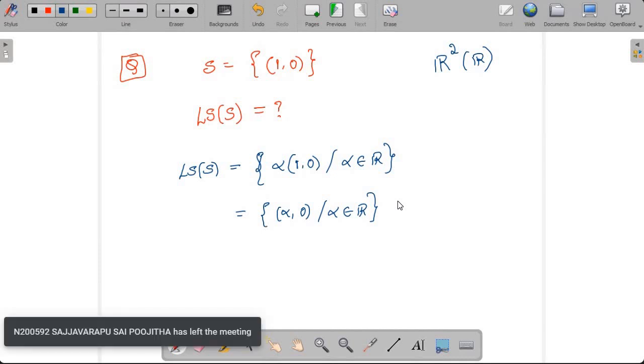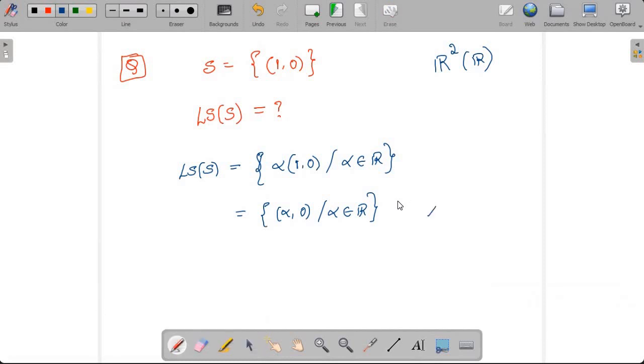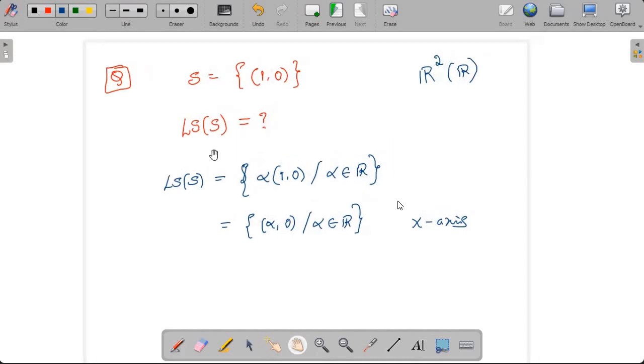X-axis. Good. So this represents the x-axis. Now I can say that this element (1, 0) spans the x-axis. It means every element in the x-axis can be written with the help of this one element (1, 0).